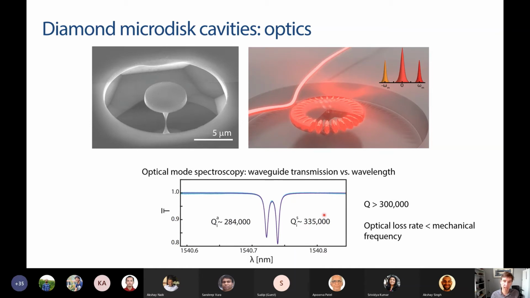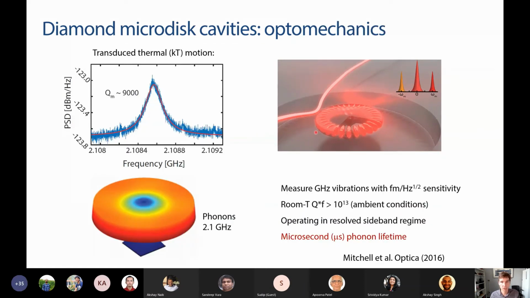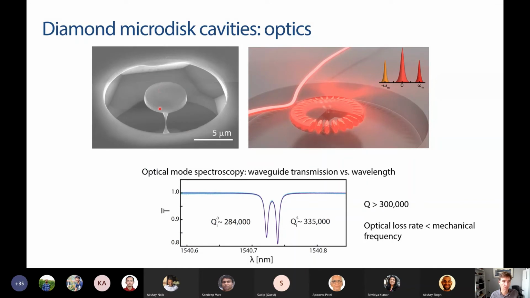And for the purpose of optomechanics, this is important because the optical decay rate associated with this quality factor is greater than the mechanical frequency of some of the modes supported by this device, which we're going to talk about next. So to do optomechanics, we want to look at how this light couples to the mechanical resonances of this device. When you look at this, you probably think of its mechanical modes as the device rocking or maybe twisting just because of the nature of the pedestal.